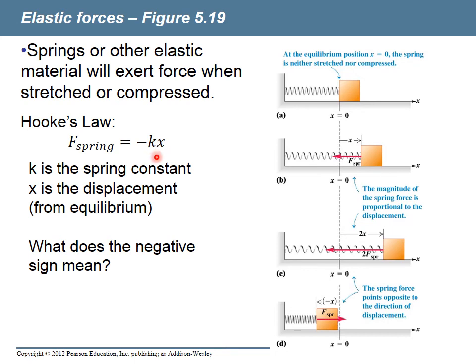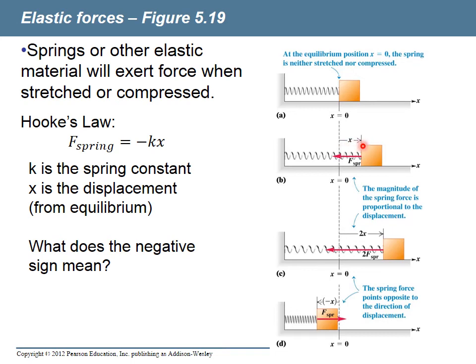And k is in, you know, newtons per meter or something. So let's say I displace it 5 meters. When I go newtons per meter times meters, I'll get newtons, so I get a force, right? So the units of the spring constant are newtons per meter, or pounds per foot, or pounds per inch, or something like that. But it's always some force divided by distance. That way, when we multiply by distance, we'll get force.